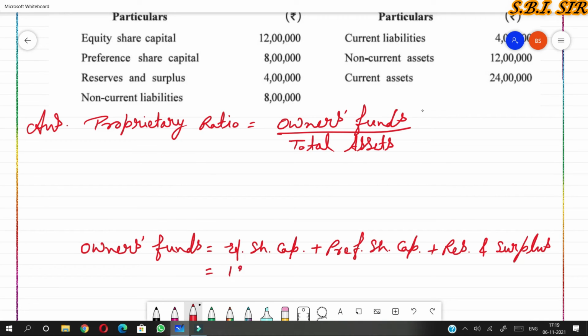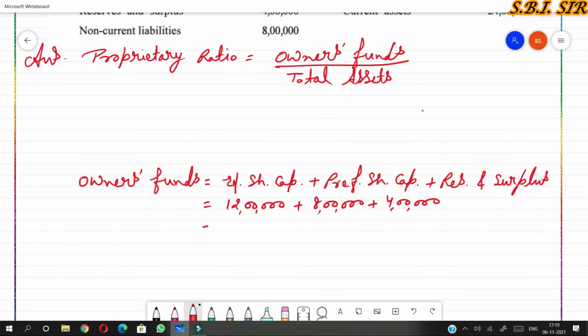Equity share capital 12 lakh, preference share capital 8 lakh, reserve and surplus 4 lakh. Then total will be 24 lakh. 12 lakh plus 8 lakh plus 4 lakh. Then these are owners funds.